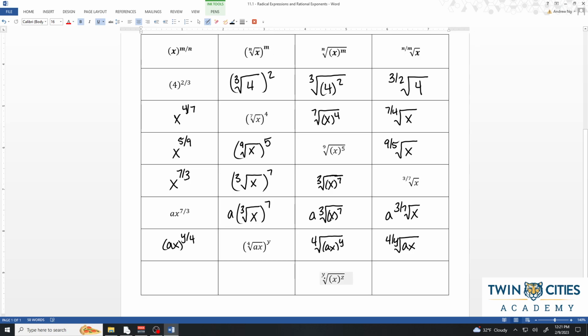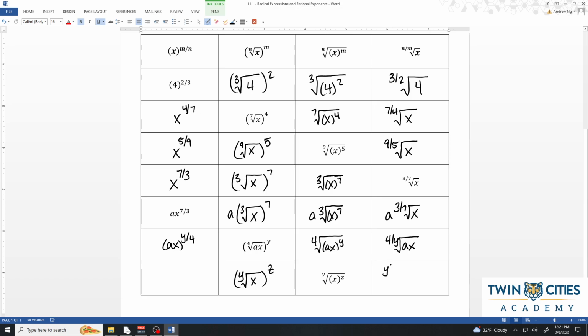And last one, I've got the yth root of x to the z. I know it's a lot of letters there, but I follow the same patterns as up here. So this will be, let's do this one first, the yth root of x all to the z.